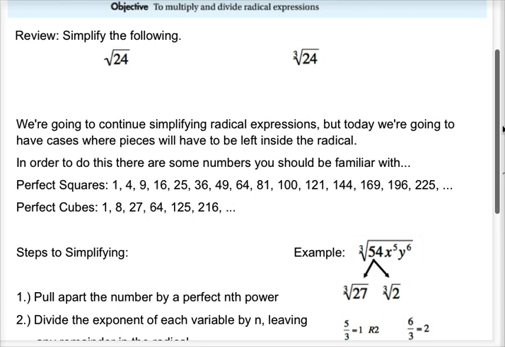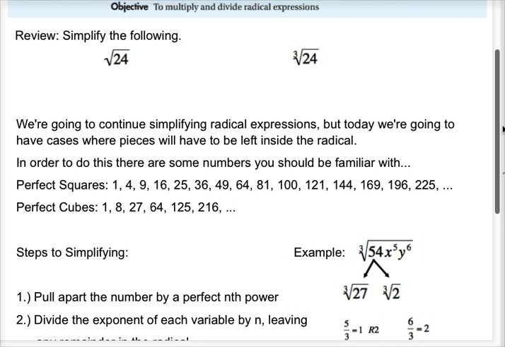Okay, so let's go over to 24. Well, 24 is not a perfect square. So if you recall, what we need to do is find the largest perfect square that divides it. While you're watching this, please have out your power roots chart. This is going to help you when going through your practice work.